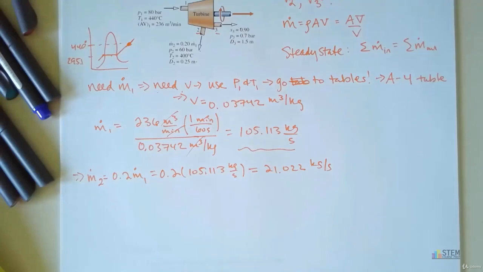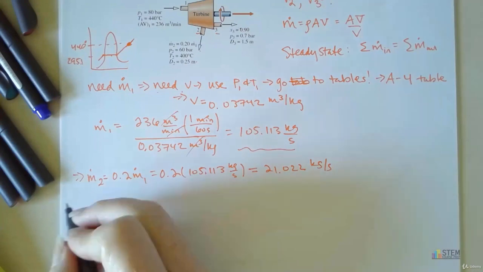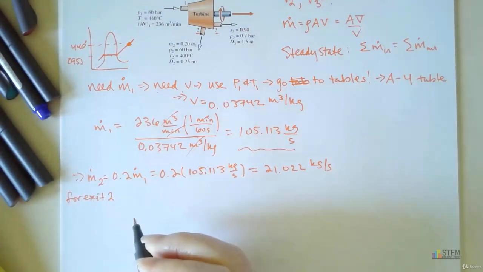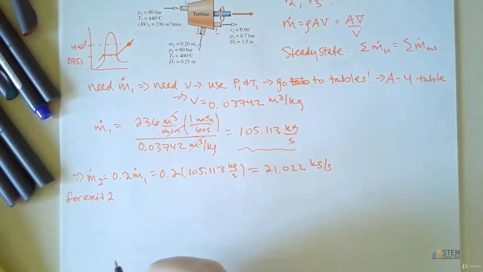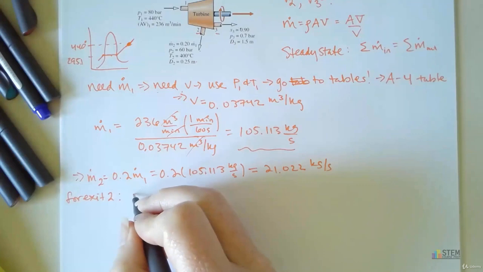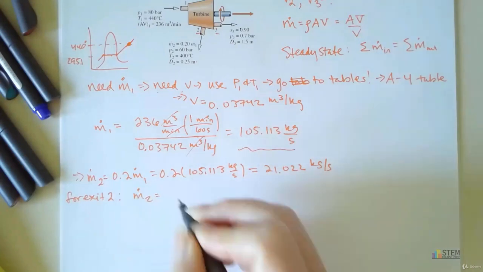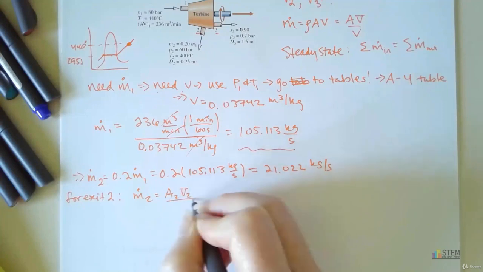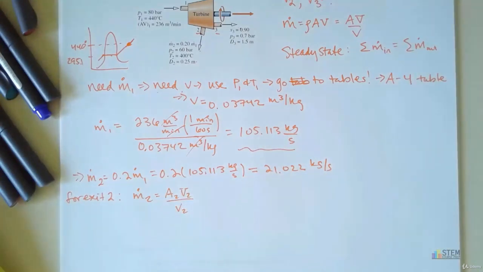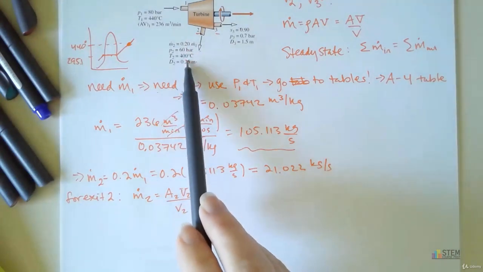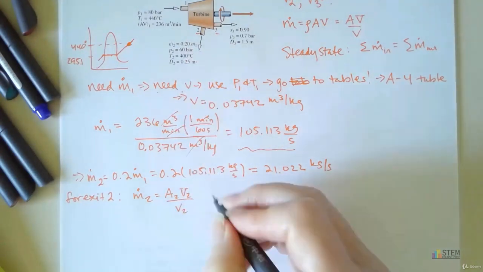Alright, so now we can look at exit 2, and we'll get our velocity. We know that at exit 2, M2 dot has to be A2 V2 over the specific volume at exit 2. Our pressure here is now 60 bar, and the temperature has gone down to 400.